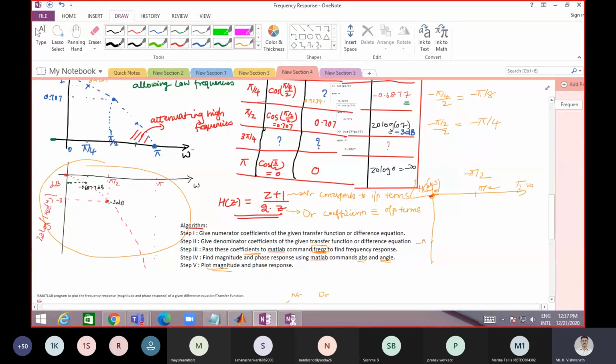At pi, it will become minus pi by 2. At pi by 4, it will be minus pi by 8, and so on. So we can write the curve in this manner. This is the phase response.